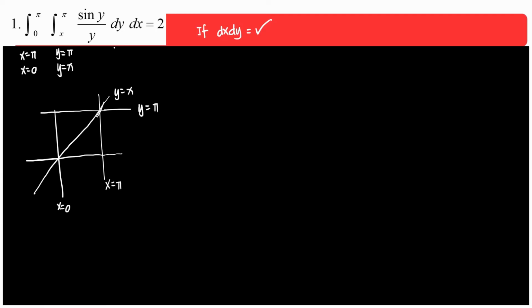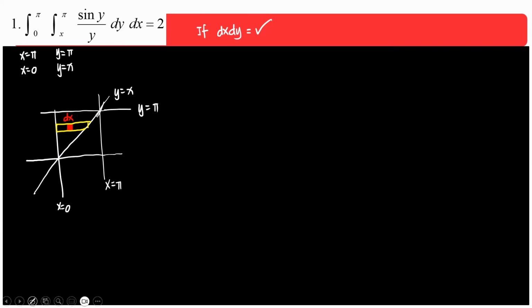So the original limit is in the order of dy dx. Now we would want it to be dx dy. So the square will travel along the x first, so that means you will have a horizontal rectangle, because the square will travel along the x, and then the whole rectangle will travel along the y.